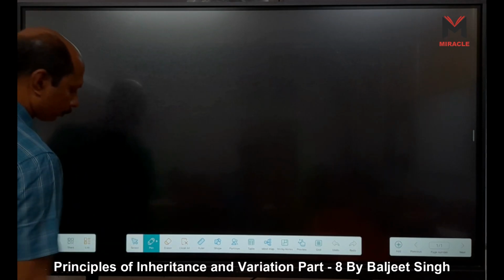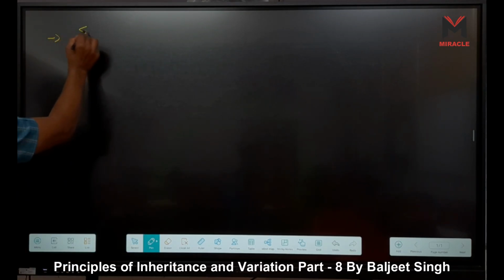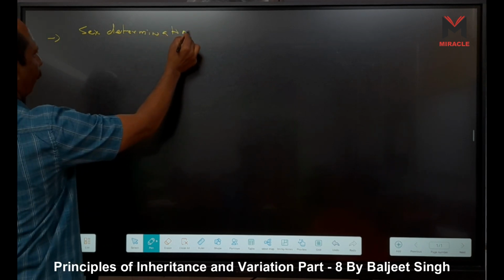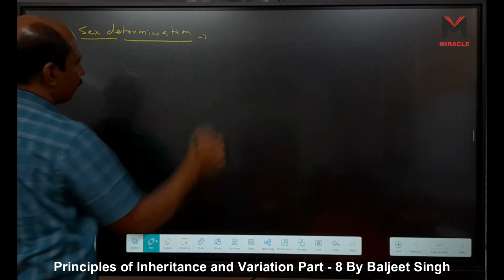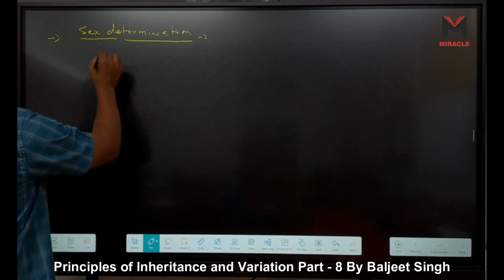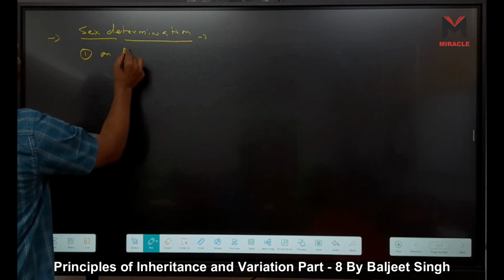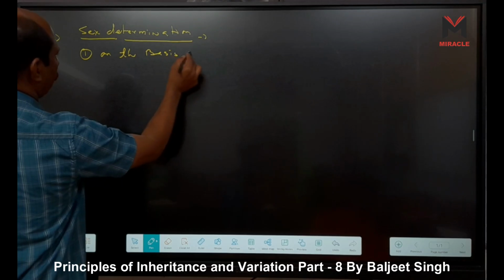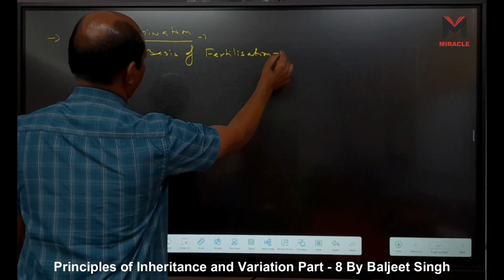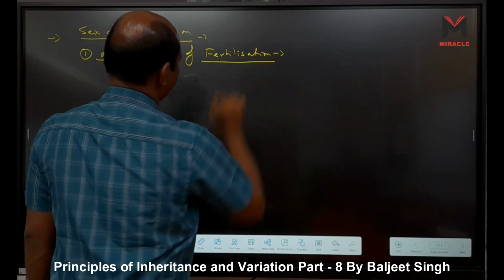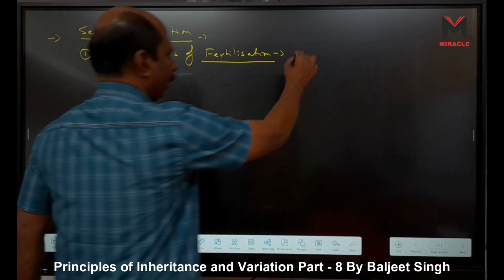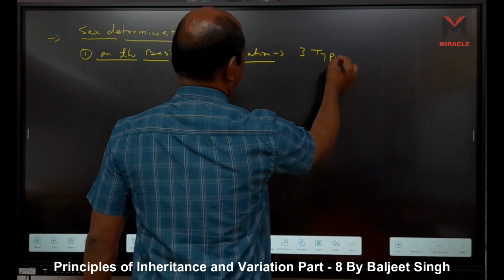Here, what we read in this chapter: sex determination. When we consider sex determination on the basis of fertilization, there are three types.